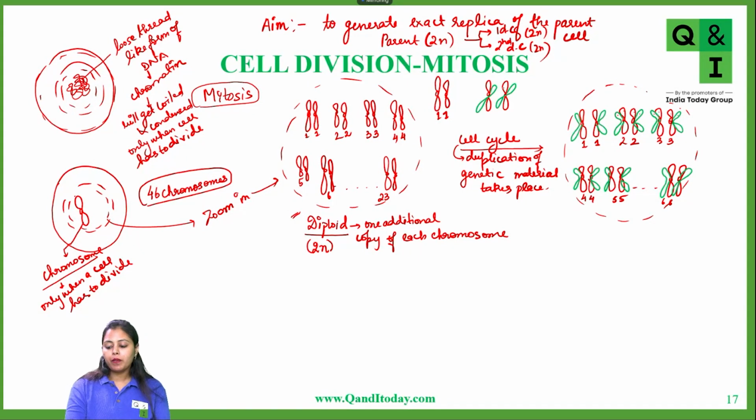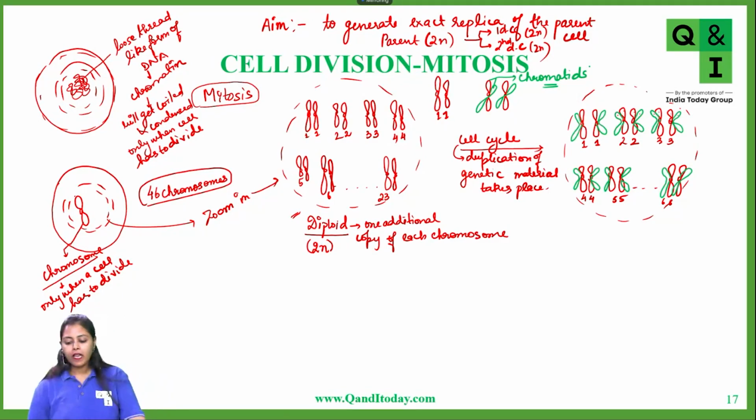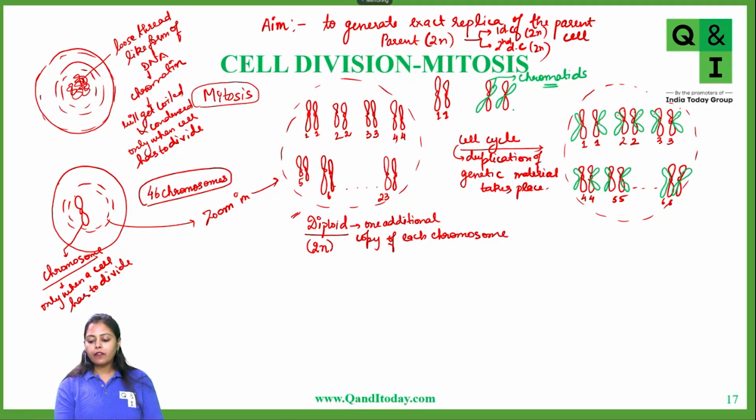The additional copies of the chromosomes which are produced remain attached to the parent chromosomes. Such copies are called chromatids. So this is after duplication of the entire genetic material.